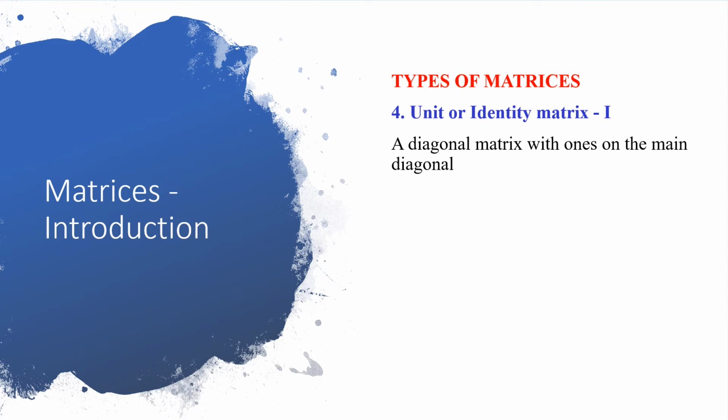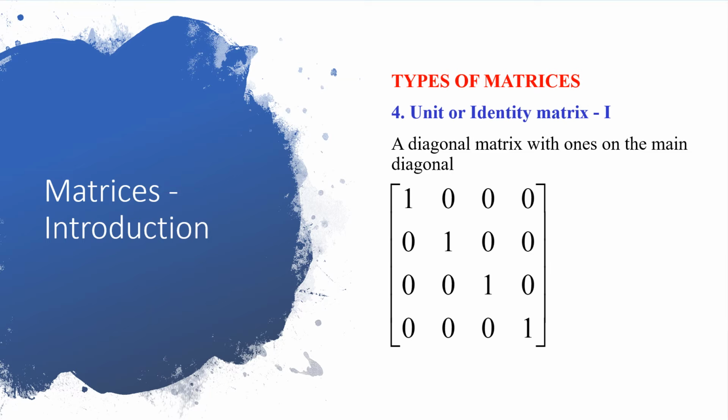All right, so this next type of matrix is what we call the unit matrix or the identity matrix. We call it the unit or identity matrix because this matrix has ones along the main diagonal and zeros everywhere else. The size of the matrix doesn't necessarily matter, but we want it to be a square matrix with the ones along the diagonal and zeros everywhere else.